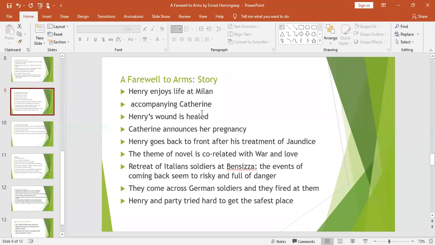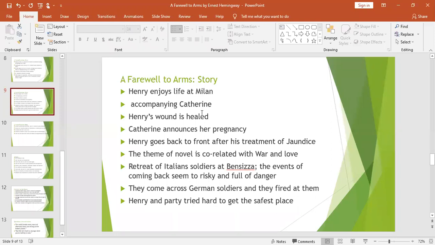Basically, there are certain events of war, but these events are very much related with Henry's life. Henry's presence is very much important in these events, and Henry's life is depicted when he is at the front, and when he got injured and goes back to the Milan hospital, and his love with Catherine is shown, his romance with Catherine is shown.